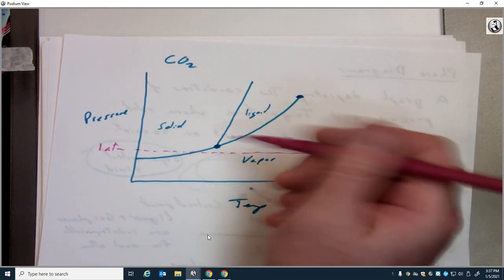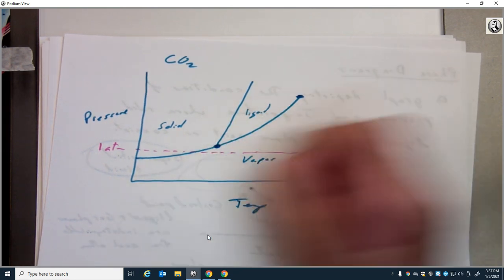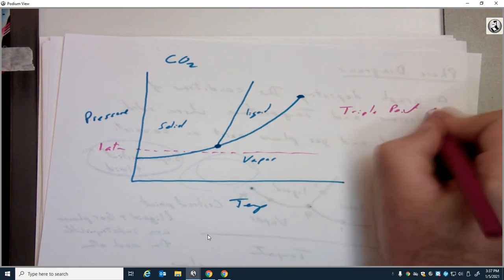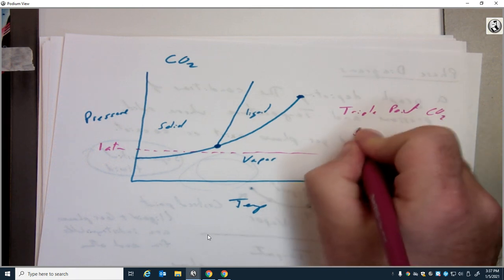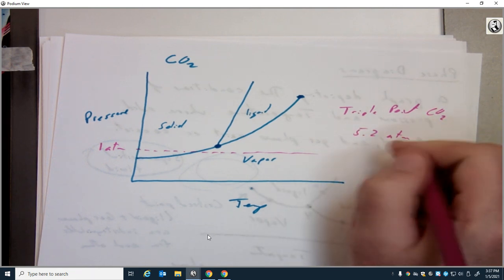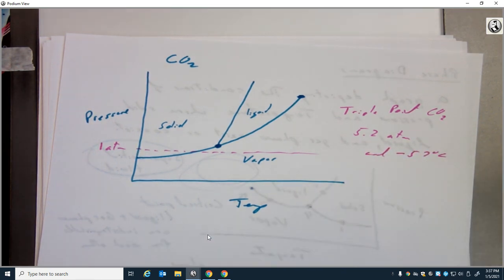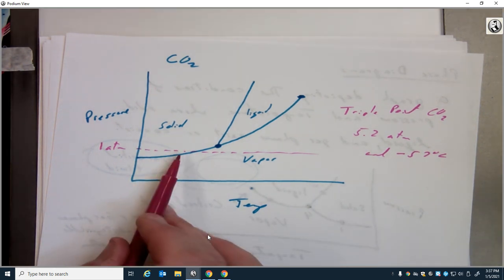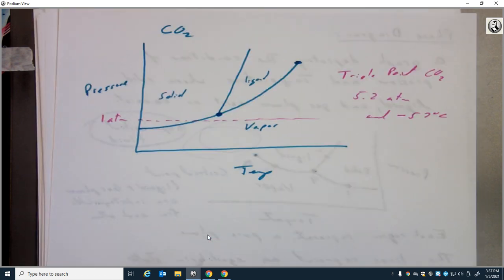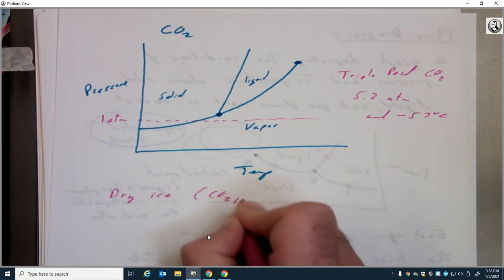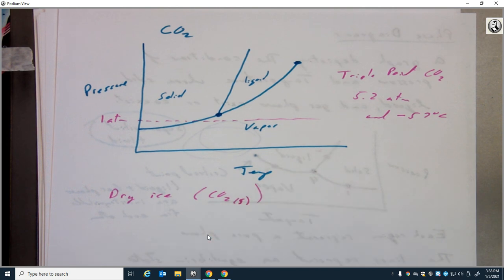All right. The triple point for CO2 is 5.2 atmospheres and negative 57 degrees C. So if we take dry ice, which is just solid carbon dioxide, and we put it on the counter, what does it do?